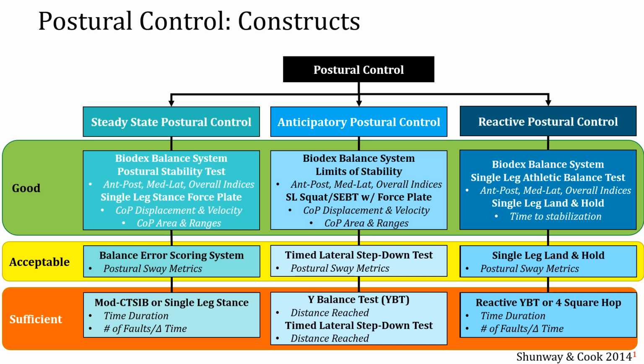And then our sufficient category would be our modified CTSIB, or our single leg stance, our wide balance test, our time lateral step down, and then our reactive wide balance or four-square hop test, which we will talk about. If you're going to utilize tests within the sufficient category, it'd be ideal to use a cluster of assessments from multiple domains.